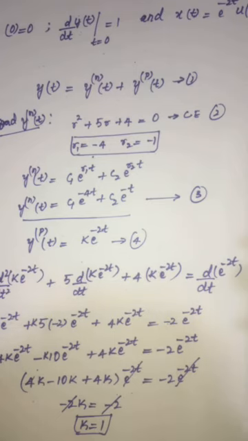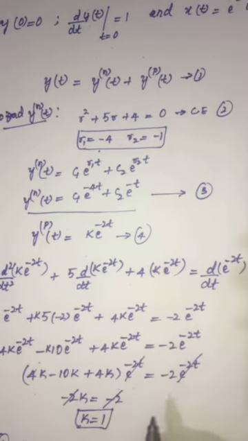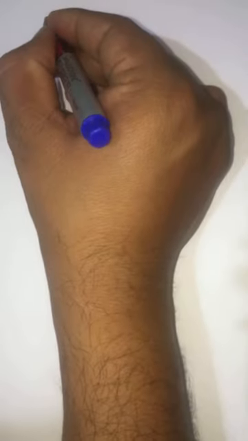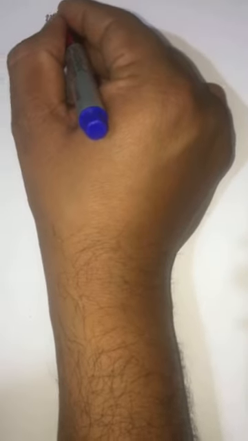Therefore equation 4 becomes, I'll write it in the next page. Therefore y of p of t is equal to k into e to the power of minus 2t. Since k value 1 has come, it is simply e to the power of minus 2t, which is the particular solution.